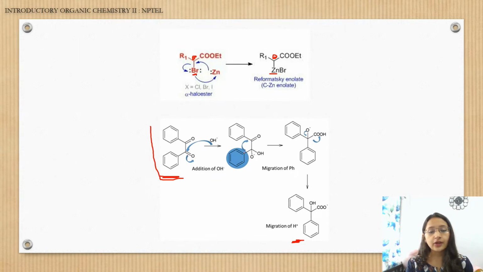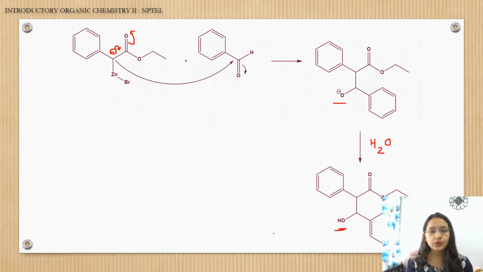Now this phenyl ring migrates over here, and this kind of intermediate is generated, an alpha-hydroxy acid. So can you say that this kind of reaction or mechanism is true for this particular mechanism which I have shown to you, all of you? Can you say that it is a benzilic acid rearrangement?